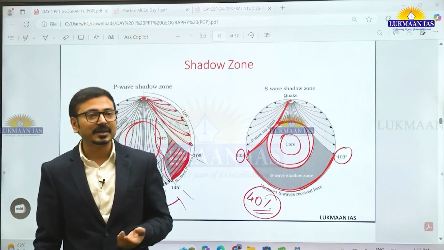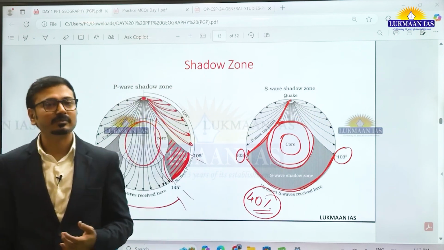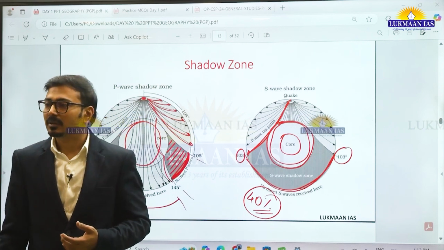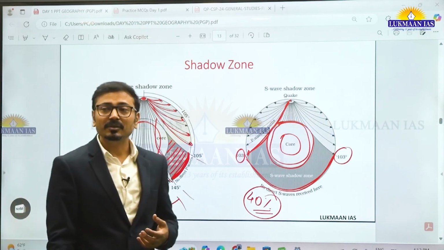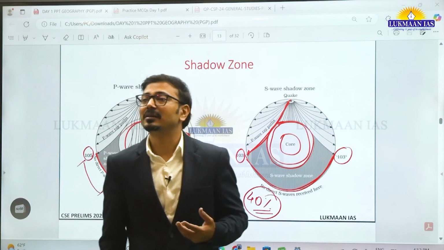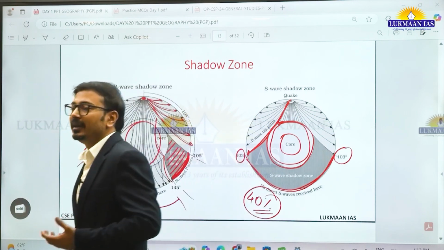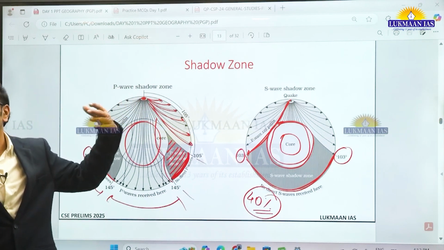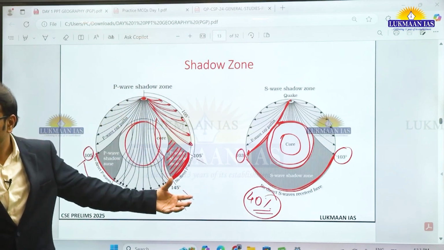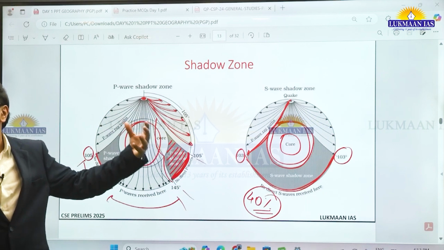Now, why are we saying that the inner core is made up of solid? High pressure. Because of the presence of heavy metals, and at that kind of high pressure, these heavy metals cannot even be liquid.